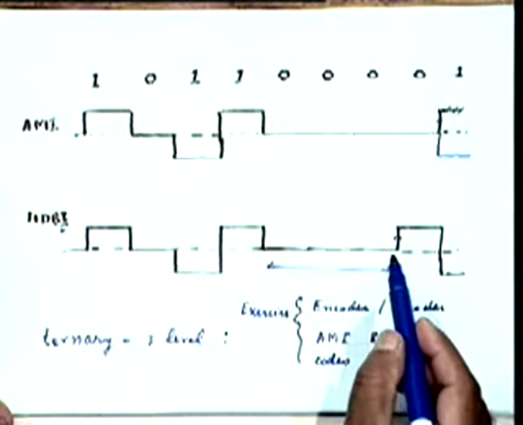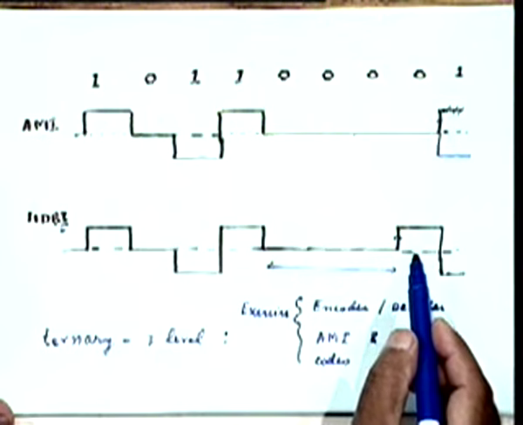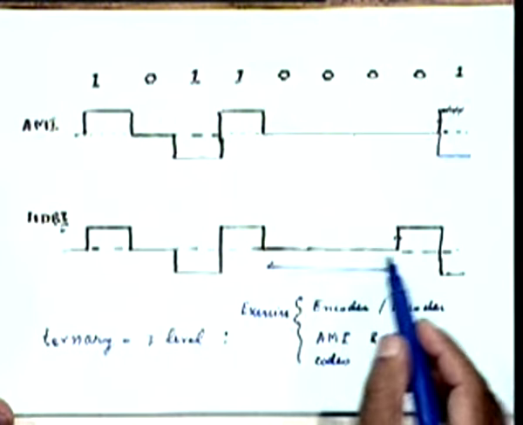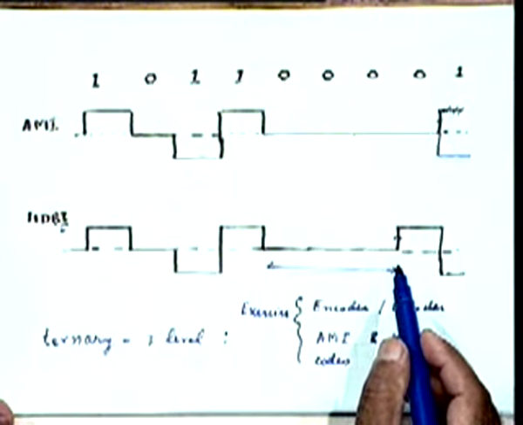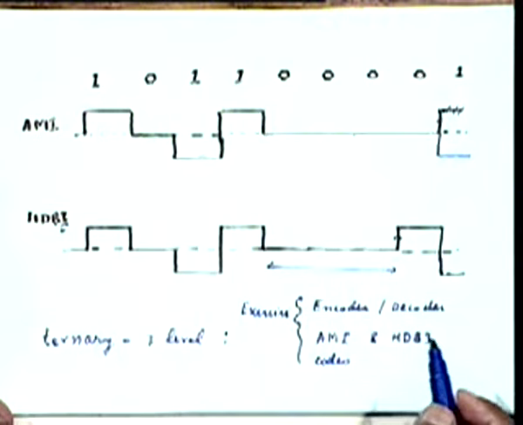And similarly any other kind of error that gets introduced will eventually get detected at the point of another violation, right? So like AMI, HDB3 also possesses error detection capability, and because it has a considerably better spectral shape than AMI, HDB3 is to be preferred over AMI.